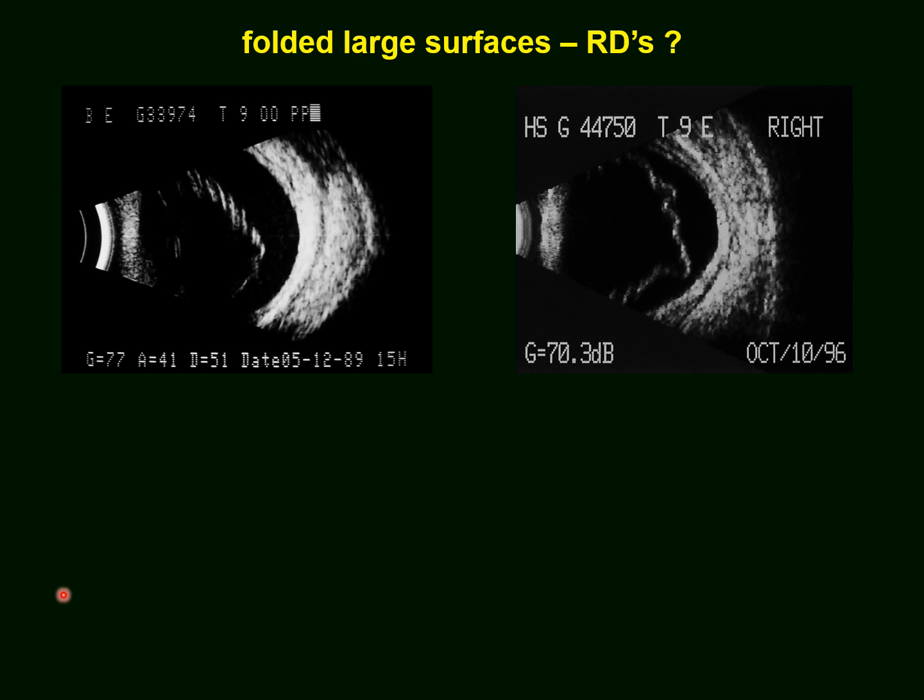Two B-scan echograms that show a large folded surface. Is it retinal detachment? This one was, but how do we know for sure? When we look at this, we see a similar situation where the beam hits perpendicular, we get a bright spot.